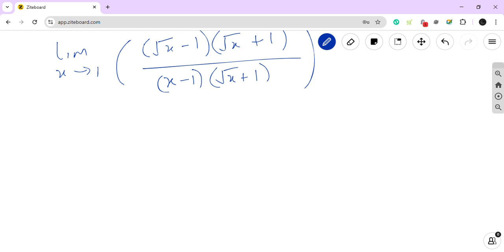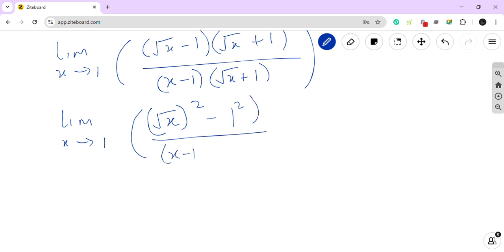Alright, so we can use difference of two squares for the upper part, meaning I will pick the first component, root x all squared, minus the second component, which is 1, so that's 1 squared, over x minus 1 and root x plus 1. Root x plus 1, with the limit as x tends to 1.